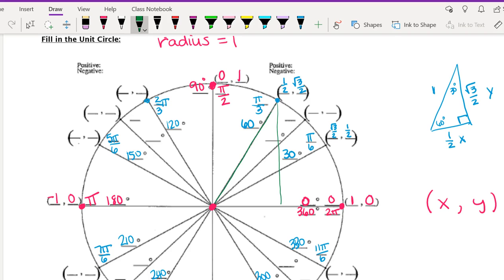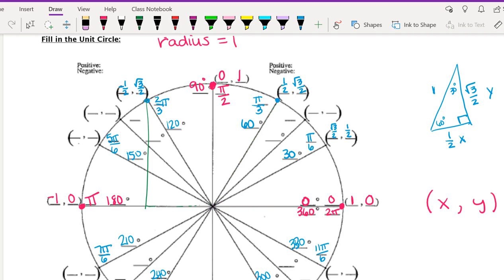I'm going to draw this in. So if I draw in that triangle and I draw in the same triangle over here, it's a mirror image. Well, the only thing that's changed is I'm in a negative quadrant for the x value. So I'm going to say that this is a negative 1/2. I'm changing my x value to be negative, but the height is still the same at square root 3/2.